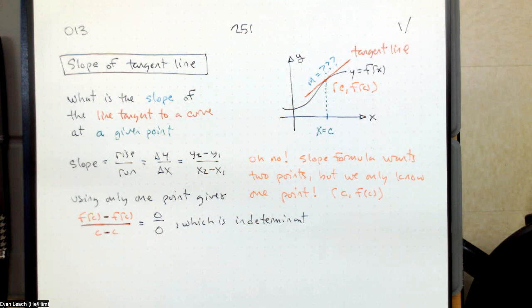We're going to do what we always do. Can't do this with 1 point, so we're going to use 2 points, and we're just going to make sure they're close together. So we're going to approximate the slope of the tangent line with a secant line.